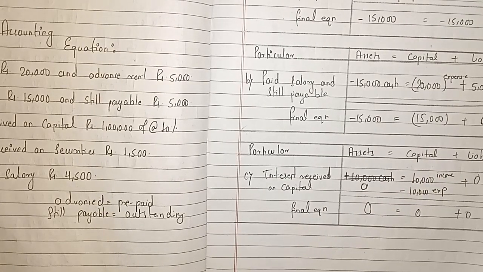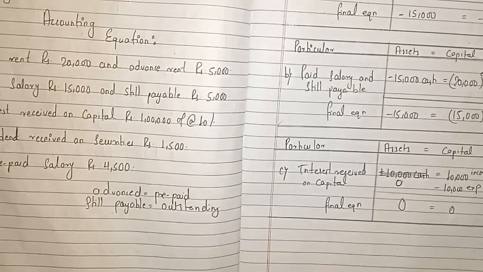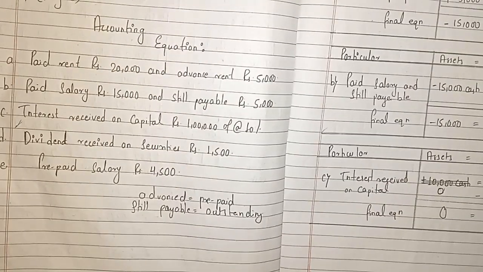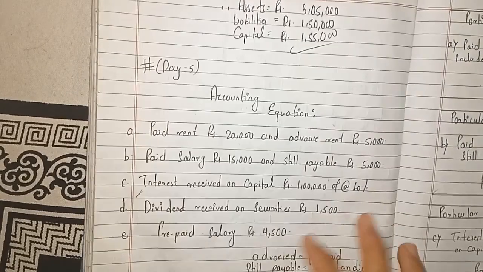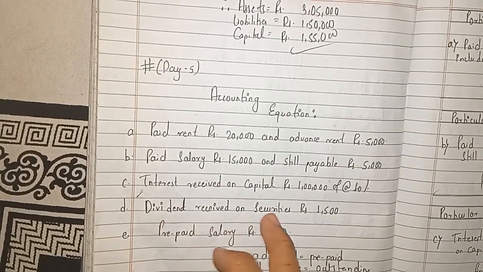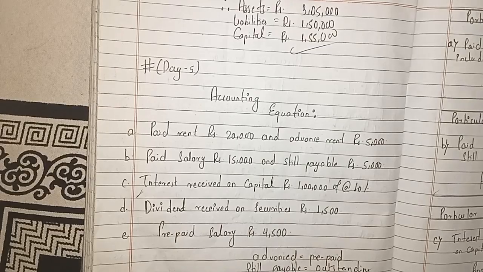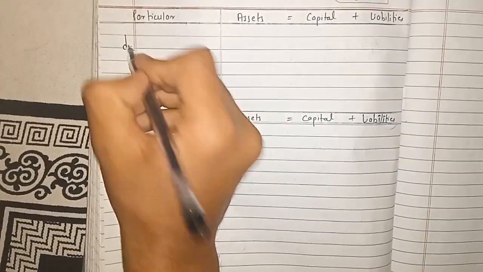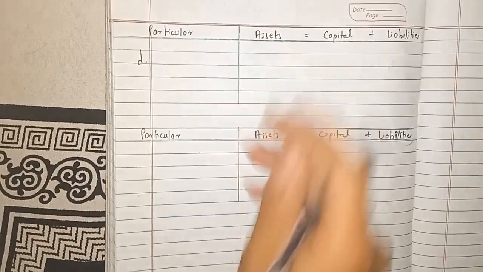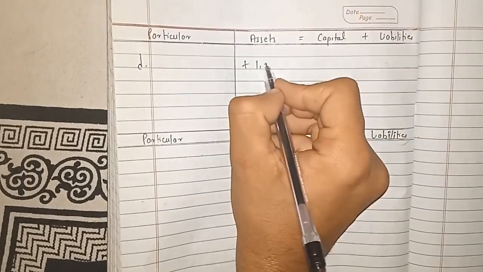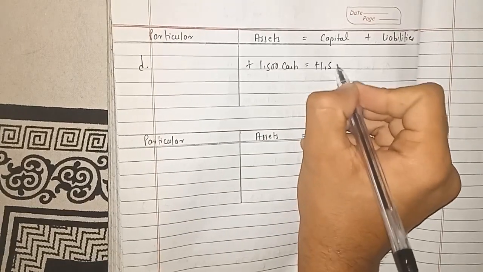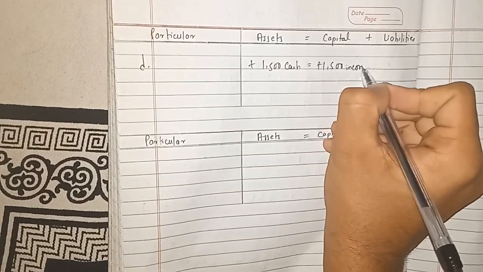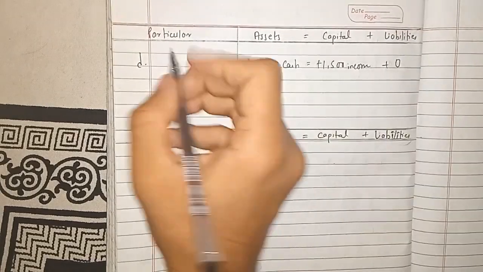Two questions are remaining, so try to solve them. I have prepared my formulas, so let's dive in. Dividend received on securities is Rs 1,500. We have received dividend of Rs 1,500, so we should add 1,500 as cash, and in capital we have to add 1,500 as income because dividend is income.